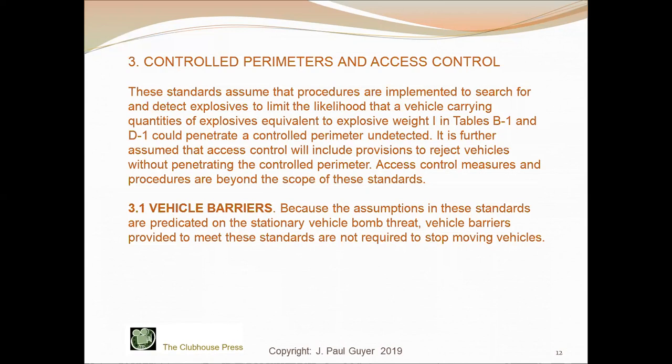It's further assumed in this discussion that access control will include provisions to reject vehicles without penetrating the controlled perimeter. In other words, that they are stopped at the access control point.